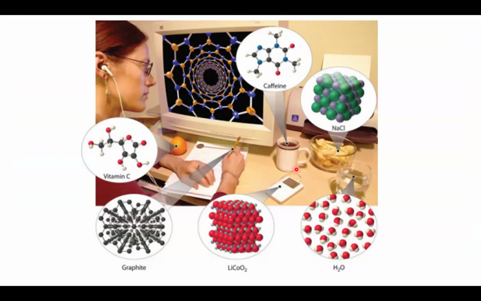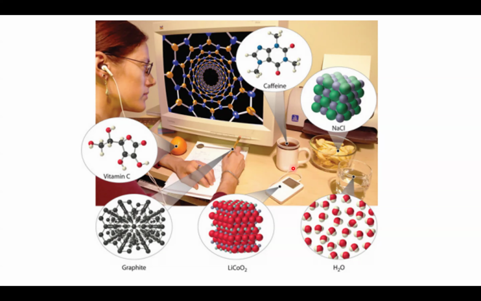So for example, if you look at this woman, she is holding a book and a pencil, and she studies chemistry. If you look at the table, everything that you see there can be described by chemical equations. For example, you have this coffee cup.